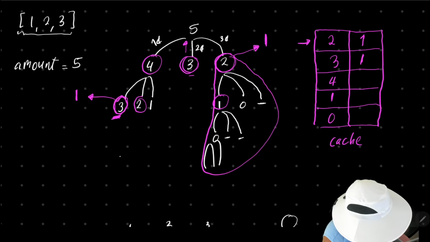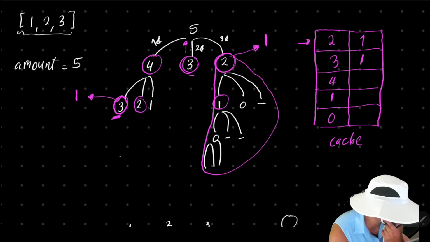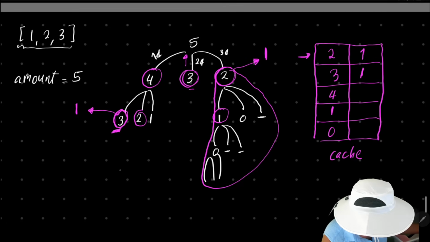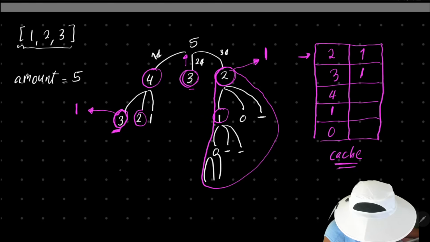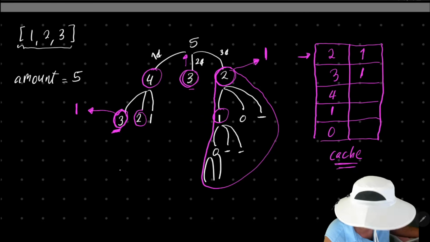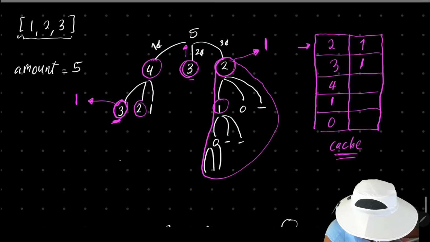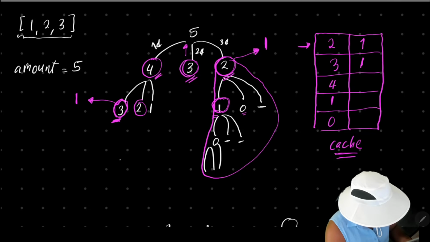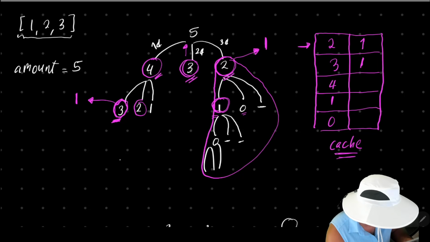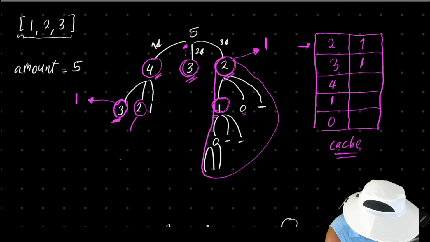Okay, so what's going to be the runtime? Well, I need to create my cache, obviously, to store the results. And at the very most, I need to create one function call for every single number. So I need only one function call for 0, one function call for 1, one function call for 2, one function call for 3, one function call for 4. Maybe like 2 function calls for 3, 2 function calls for 2, but the point is this is not branching out.